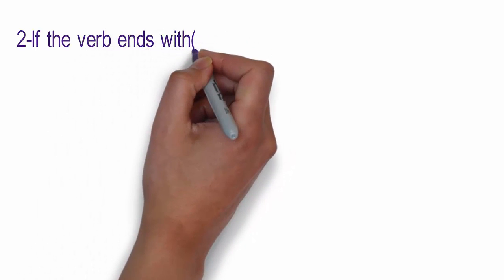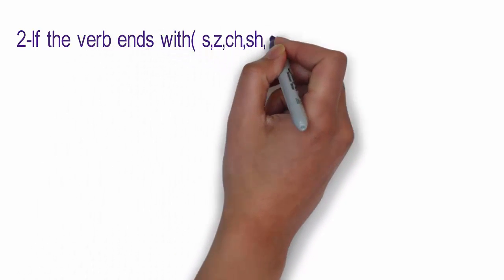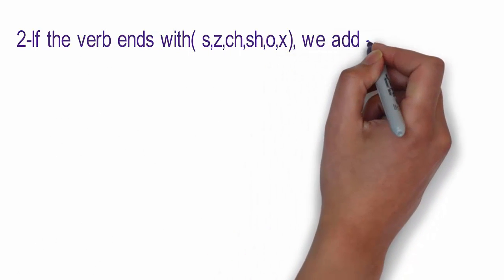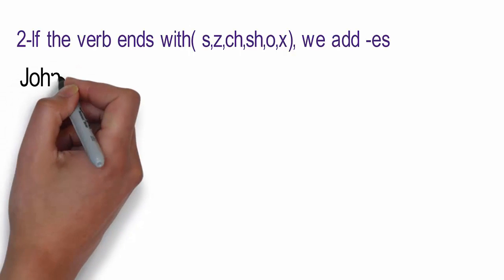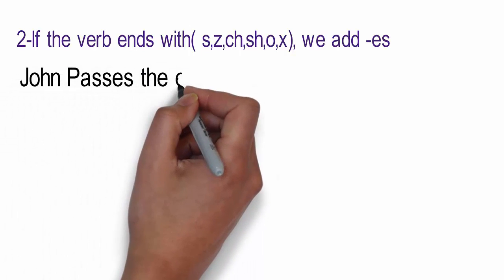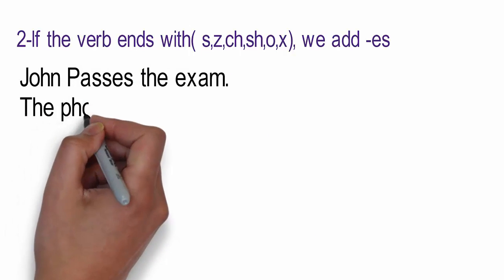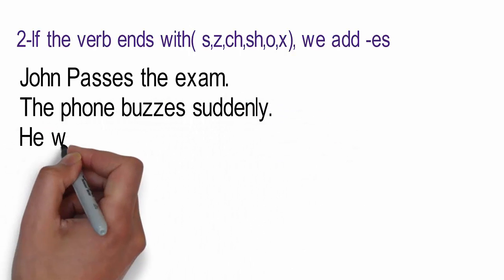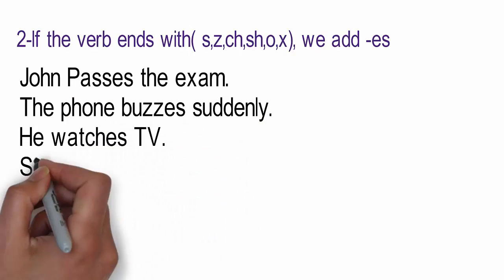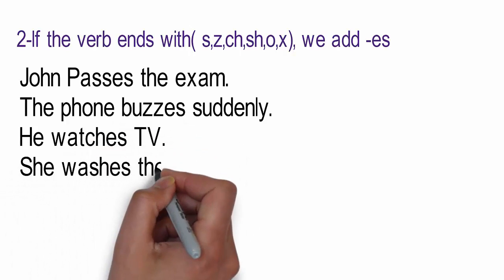Sometimes we don't just add s. When should we do this? If the verb ends with one of these letters, S, Z, CH, SH, O, or X, we don't add just s, we add es. For example, John passes the exam. The phone buzzes suddenly. He watches TV. She washes the dishes.